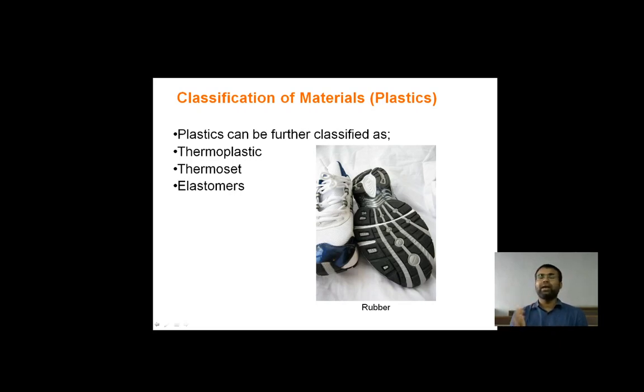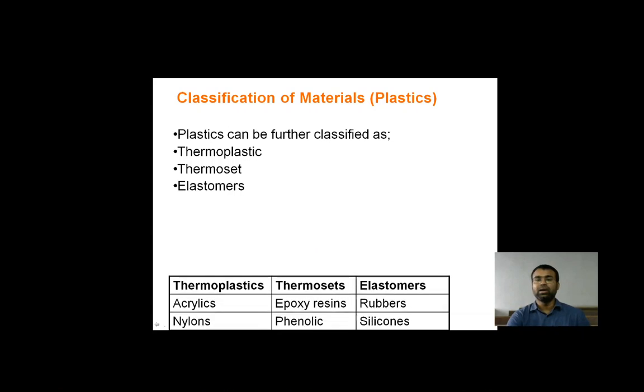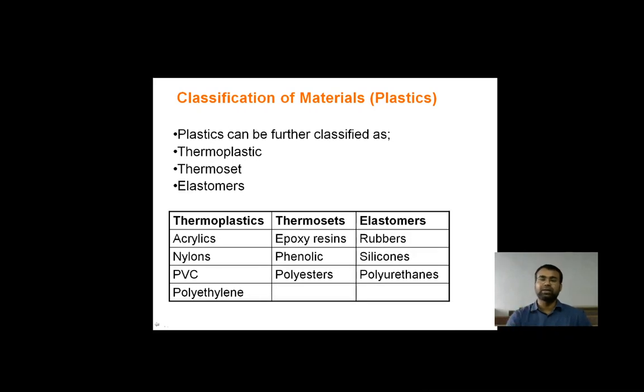So here we have shown the plastic materials step by step in a different manner. These are the particular classifications of thermoplastics: acrylics, nylon, PVC and polyethylene. Thermosets are epoxy resin, phenolic and polyester, and the elastomers are rubber, silicones and polyester.